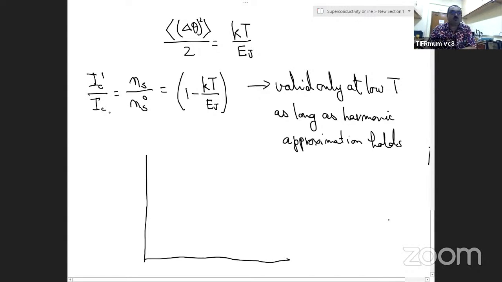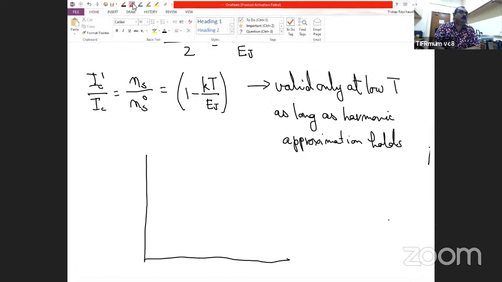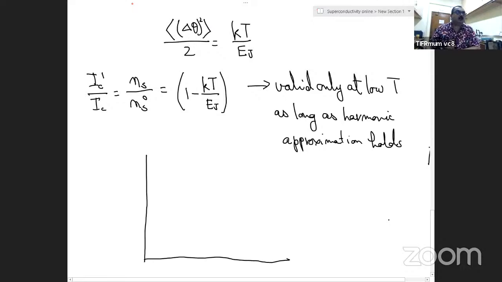But if I had only phase fluctuation, then my superfluid density would vary linearly. So of course it would vary linearly at low temperature.